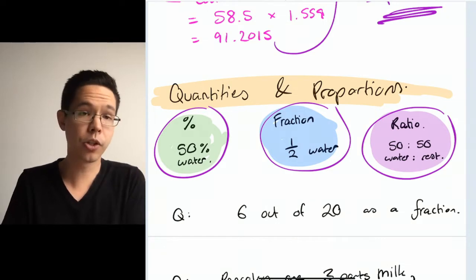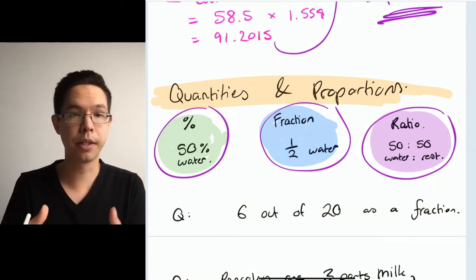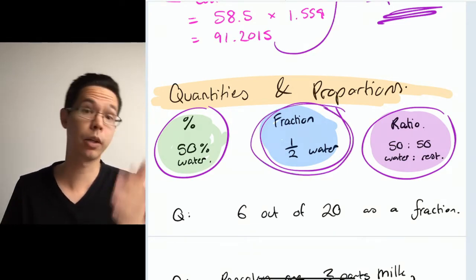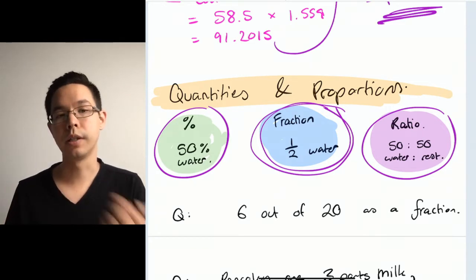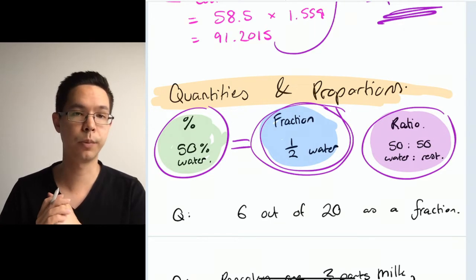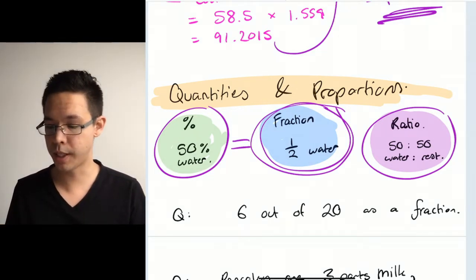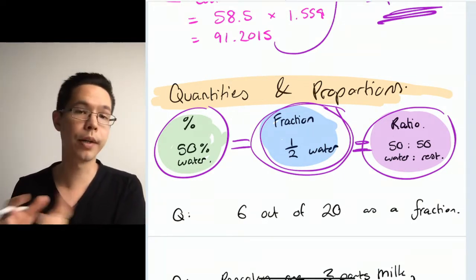I could show the proportion of water by representing the quantity as a percentage. I could also represent that proportion in fraction form. So like 1 out of 2, or 1 part out of 2 of your body is made of water. That's the same thing as saying the body is 50% water. The other way I can go about this is to represent a proportion as a ratio. Okay, 50 is to 50, or 1 to 1 basically.